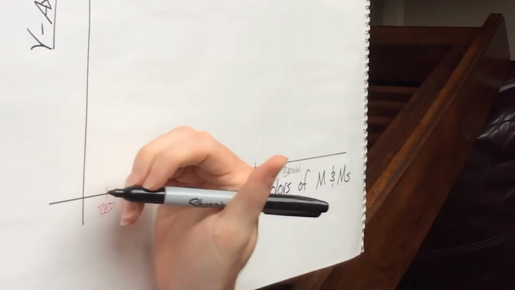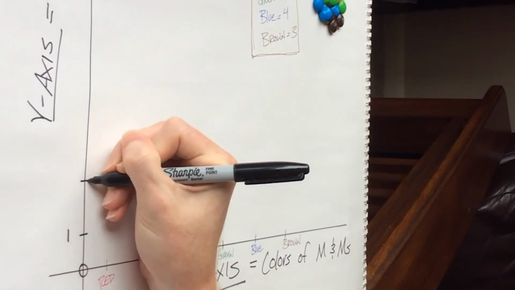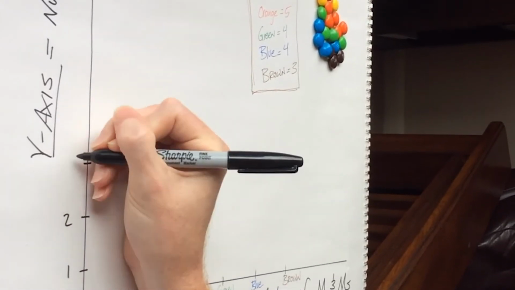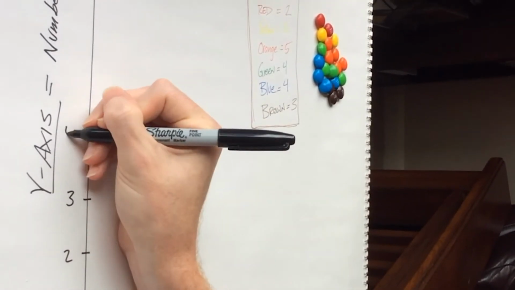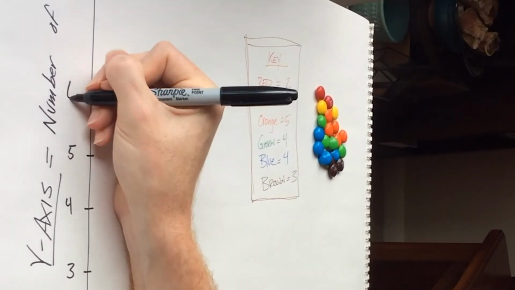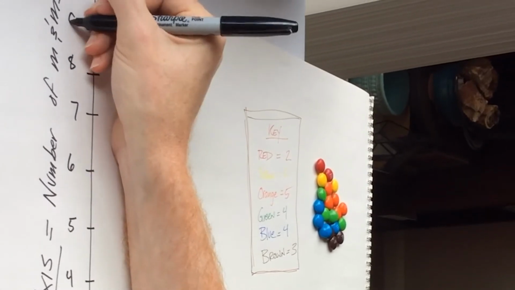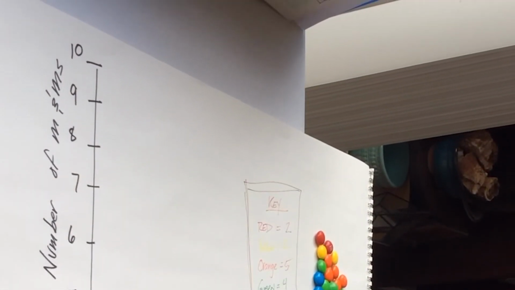Starting with 0 here, then I'll do 1, 2, 3, 4, 5, and 6, 7, 8, 9, and top the scale with 10.